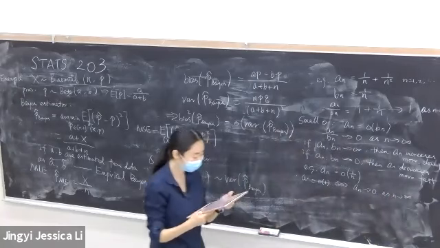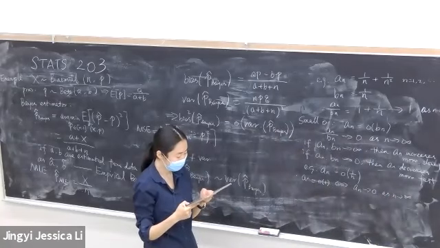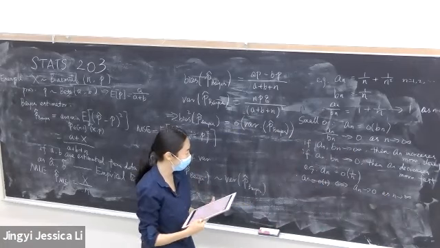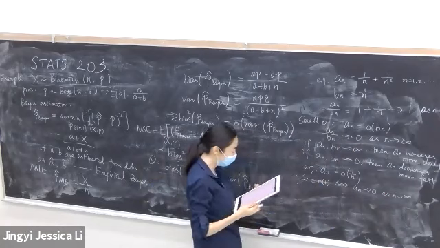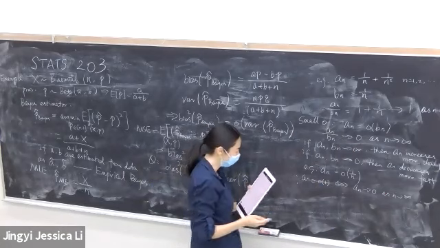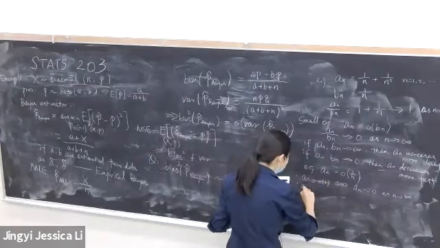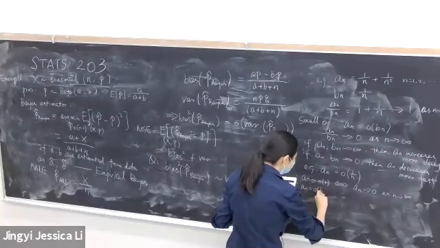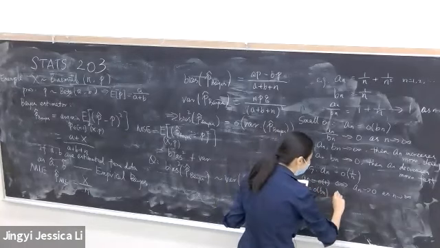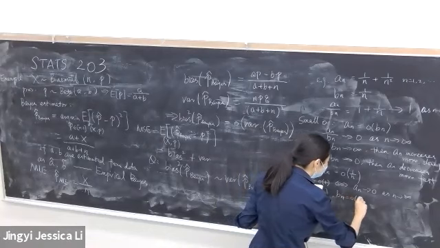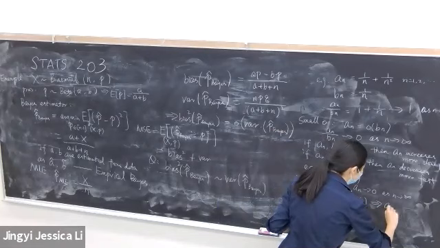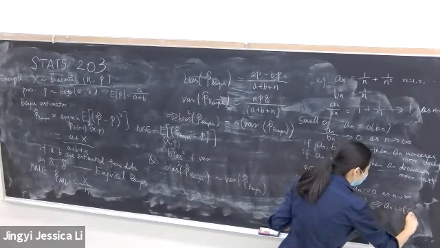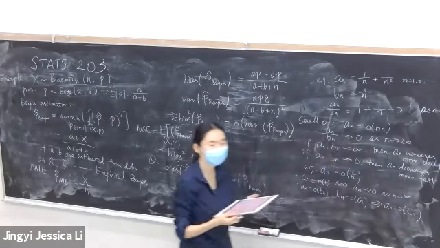That's it. Second is the transitivity of the small o. If an is small o of bn and bn is small o of cn, then an is small o of cn. This should be quite obvious.